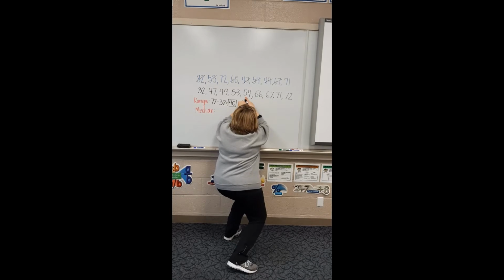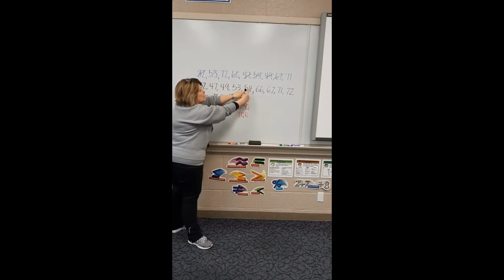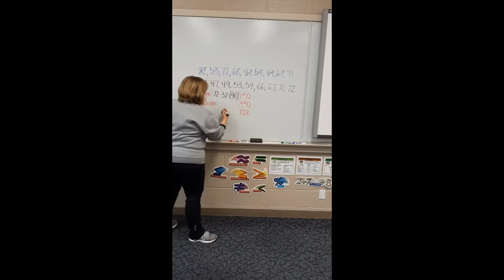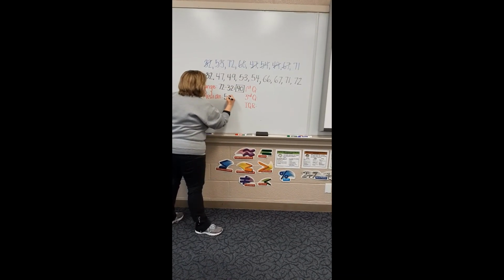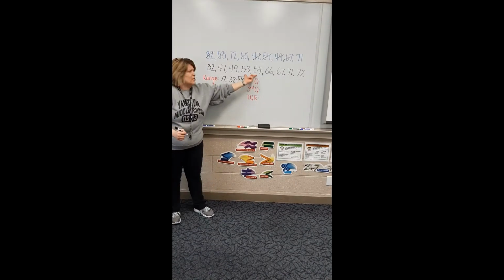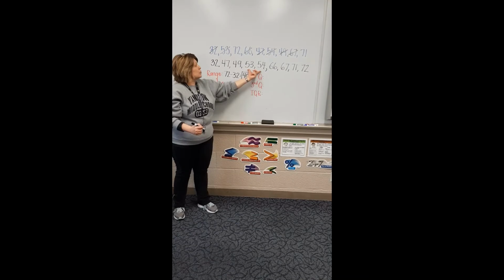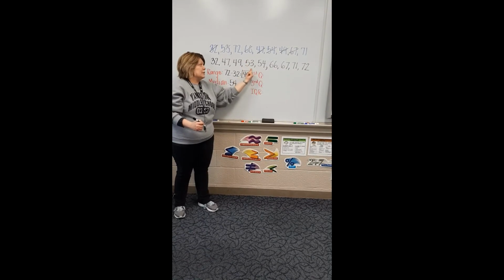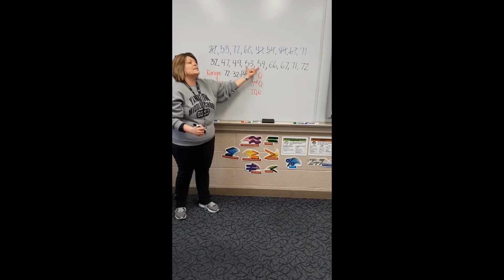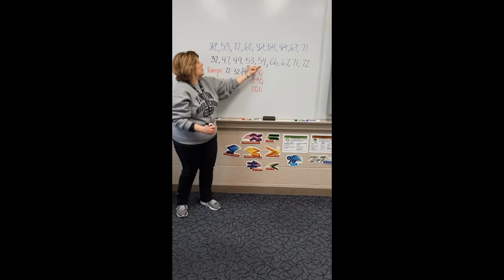You can see that both of my fingers landed on 54. So 54 is my middle number. Now what would happen if I had two middle numbers? Then I would find the mean or the average of those two numbers. I would add 53 and 54 and divide by 2 because we have two numbers.